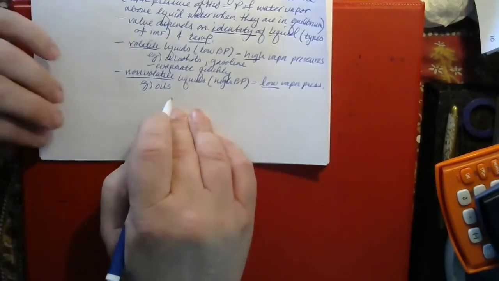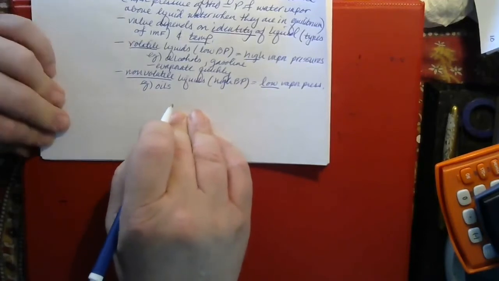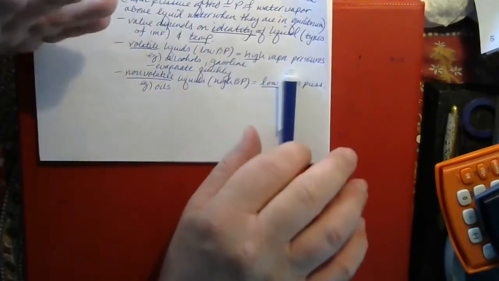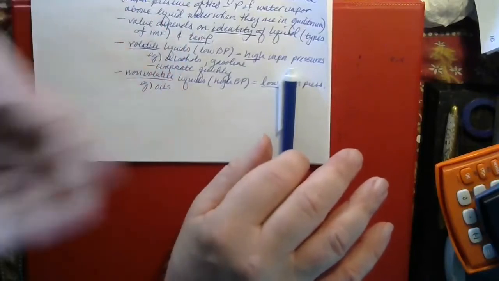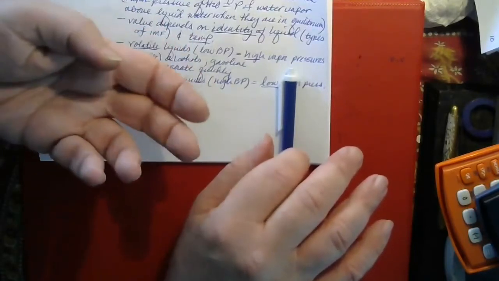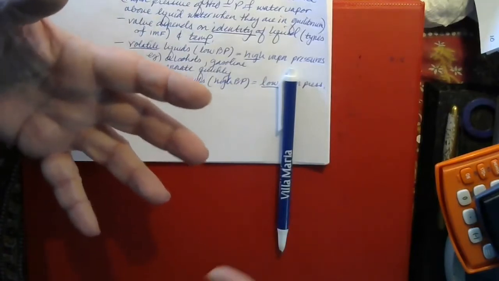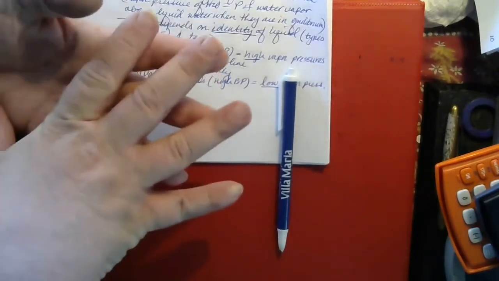Okay, so you can sort of think of vapor pressure as being like the pressure of the liquid pushing out against the atmosphere. And then you've got the atmospheric pressure pushing back on the liquid, saying, oh no, you're not going to become a gas.